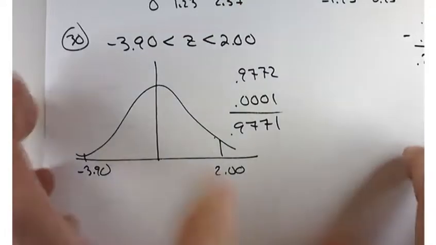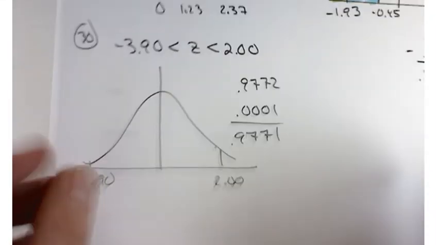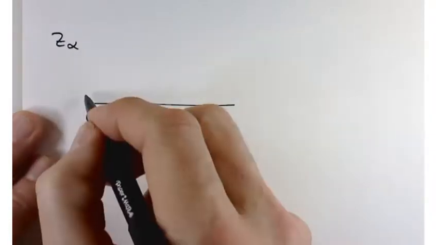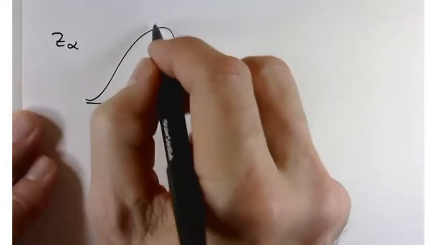So let me give you some notation first. This is notation that we're going to use throughout the rest of the book. So more Greek letters for you. That's the Greek letter alpha, or at least my rendering of it. If you want to see a better rendering of it, you might want to look in the book. But z sub alpha is going to be the point on the normal curve with alpha percent of the area in the right tail.